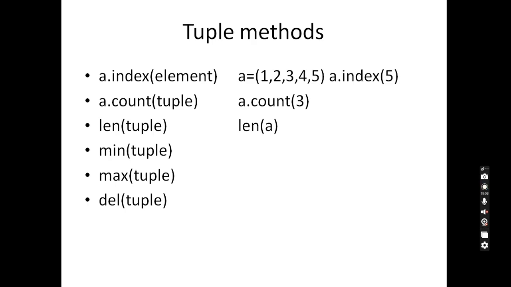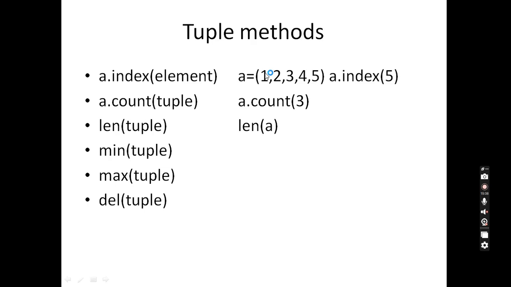Some of the tuple methods include index. The methods that make changes, that is insert, update, remove, pop, clear, will not be included in a tuple since it is immutable. The first method is a.index, where we pass an element.